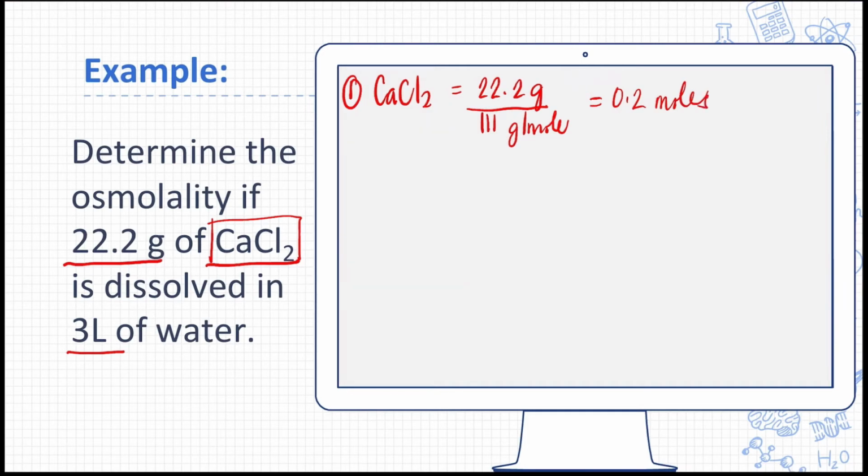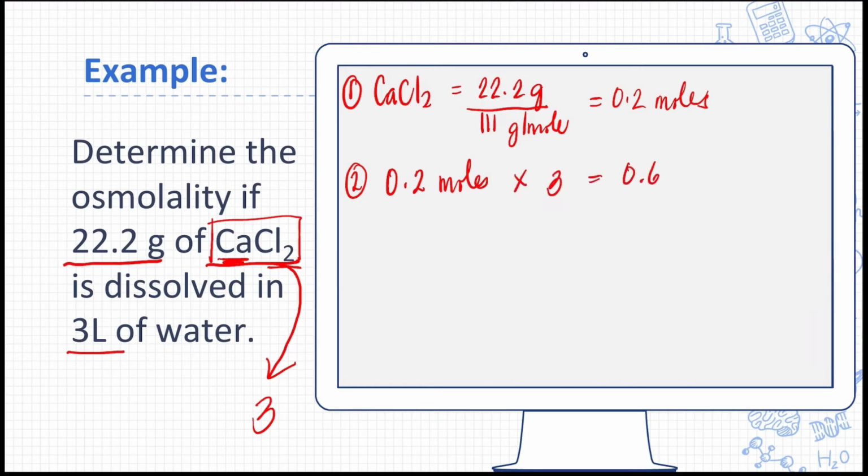Number 2, we need to determine the number of solute particles in the solution that would be formed after dissociation. After dissociation, we have 3 solute particles, 1 calcium and 2 chloride. That would mean 0.2 moles multiplied by 3 solutes, so that is 0.6 moles.